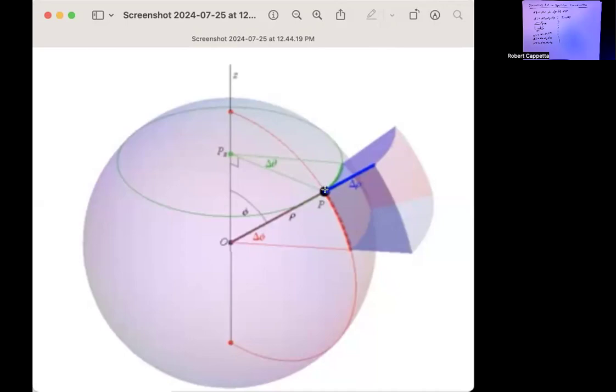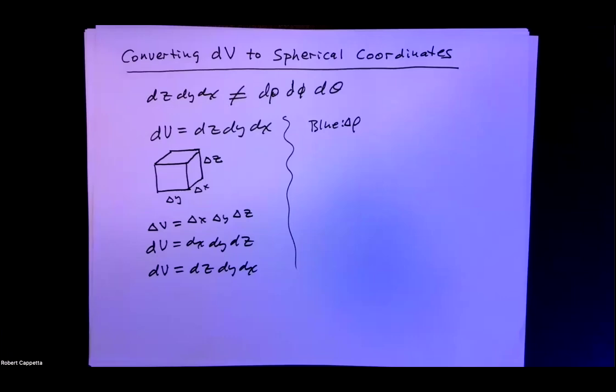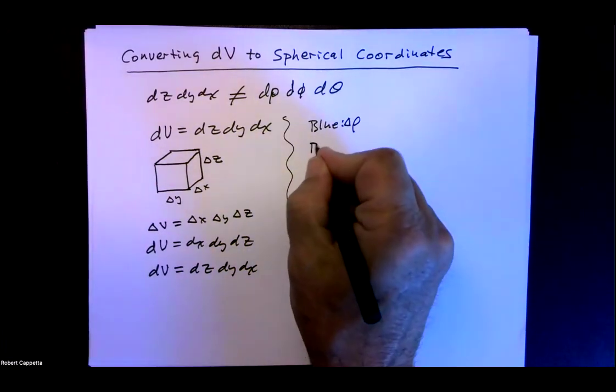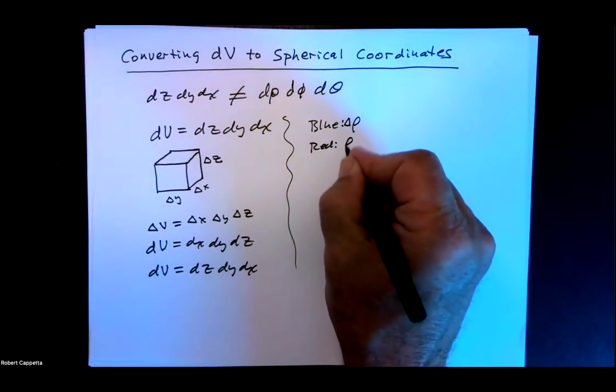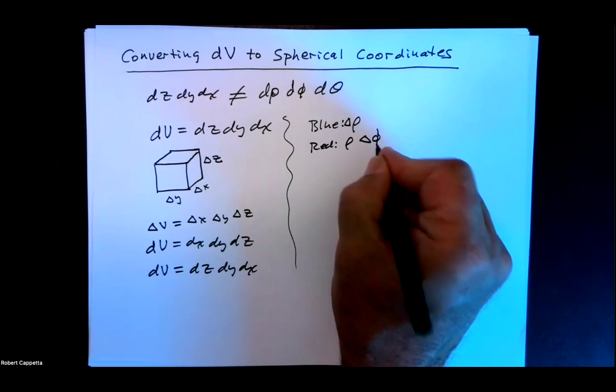Here's my original one, and that's how it changes. So that angle is the change in phi. And the distance you can see here is rho. So this red arc will be radius times angle. The red arc will be rho times the change in phi. So let's go ahead and put that down there. The red arc is rho times the change in phi.